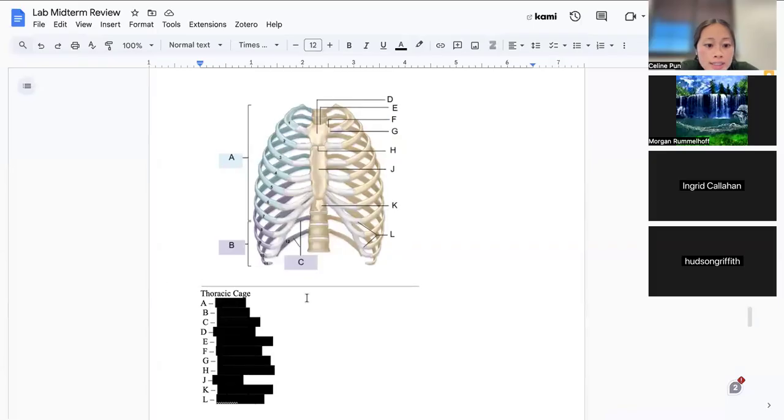So now it's the thoracic cage. And we're getting tested on this. Some of these parts are super impressionable. Like, what is A and B?